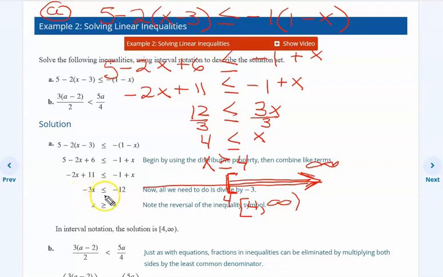In order to keep this correct, they had to reverse the inequality from less than or equal to greater than or equal, and then in interval notation. Now, usually they ask you to graph these. Here they haven't, but that is often an option.